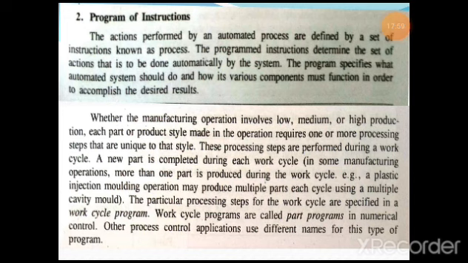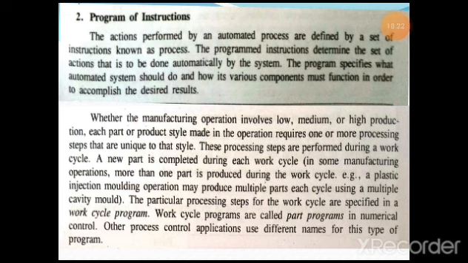Depending upon that, one or more processing steps are required to be carried out, and according to that only the process takes place. These processing steps are performed during a work cycle. A new part is completed during each work cycle.